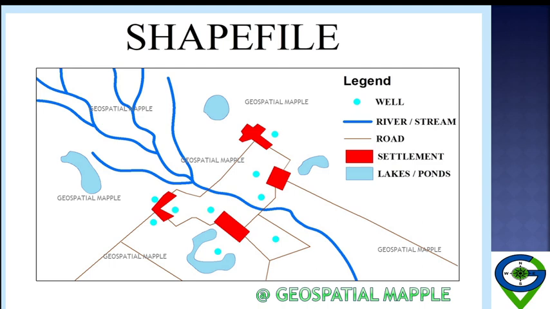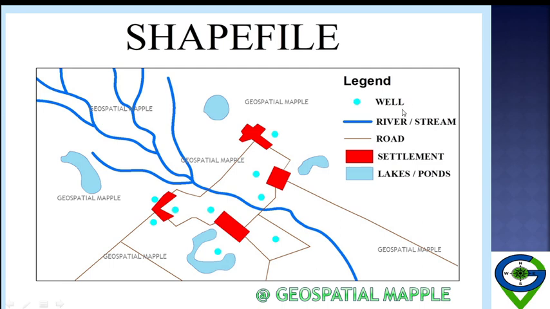So let's see an example of a shapefile. Here we are seeing a shapefile of line. Here you can see a shapefile which is in the line format, a river or a stream which is stored in the line shapefile. Then here you can see a point.